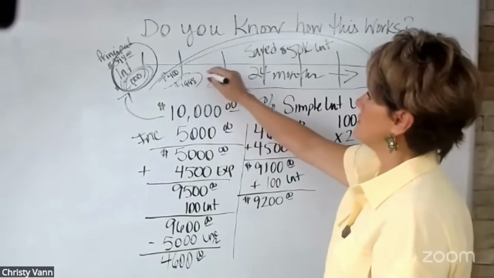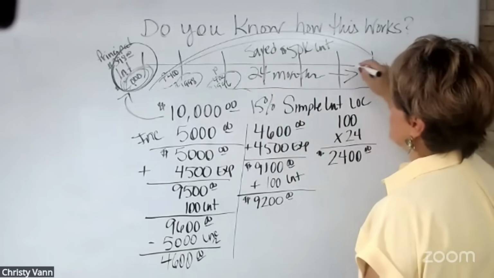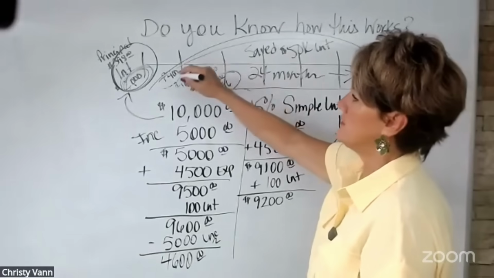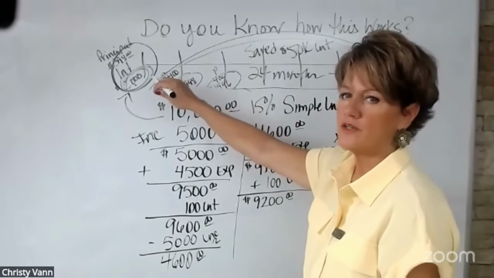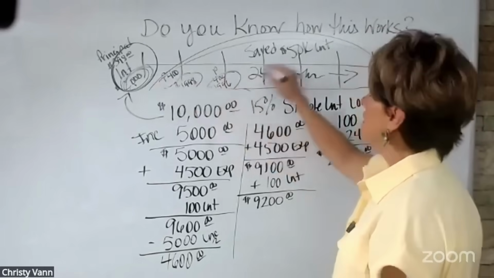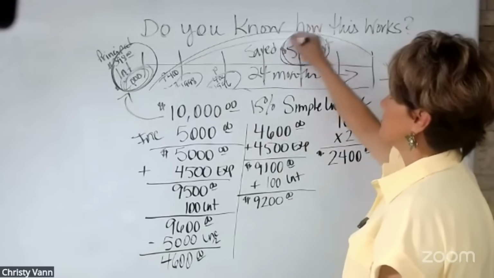What did you save in 24 months on one $10,000 in the mortgage? $50,000.